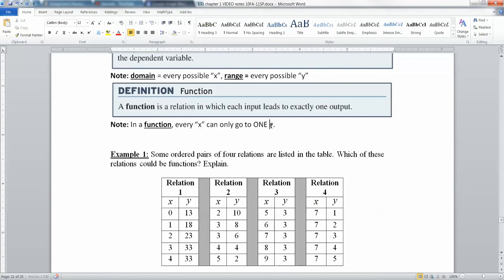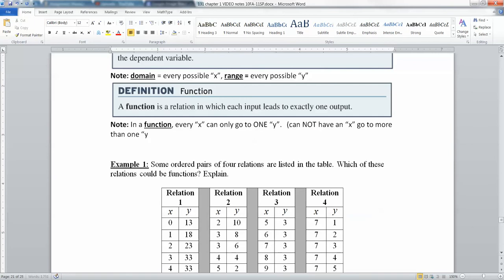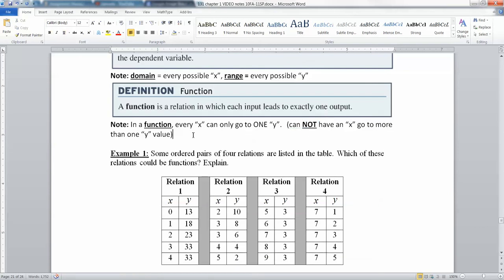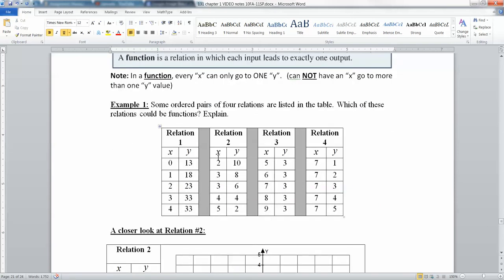In other words, you can't have an x go to two different values or more. You can't go to three values either, right? So you cannot have an x go to more than one y value. That's bad, bad, bad, right? So it cannot happen.